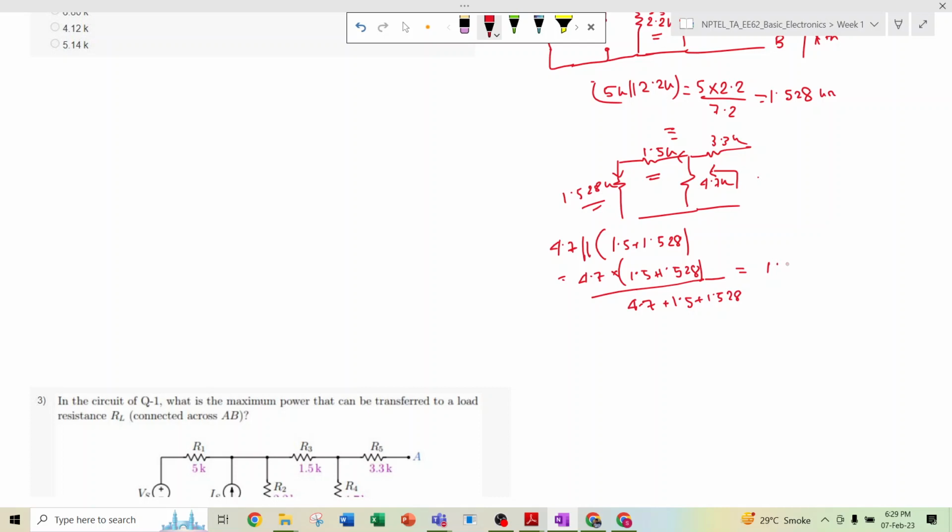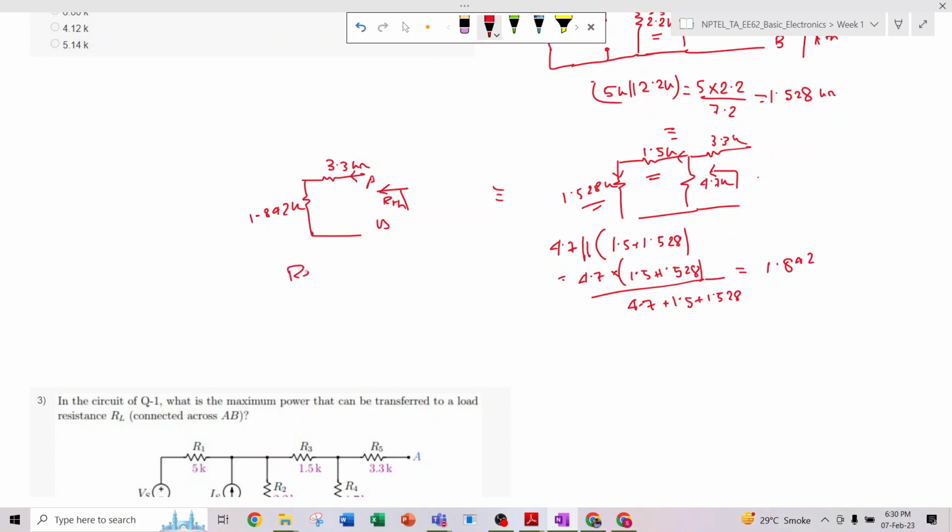So 1.842. This circuit now got reduced to 3.3 kilo ohm, and here it's 1.842. So now easily it is A and it is B. If we look at the resistance from here, these two resistances are in series.